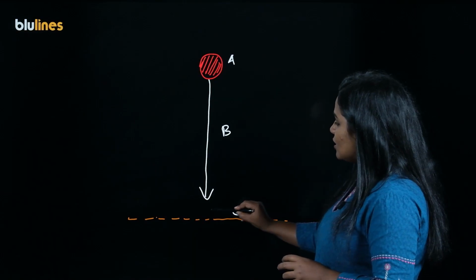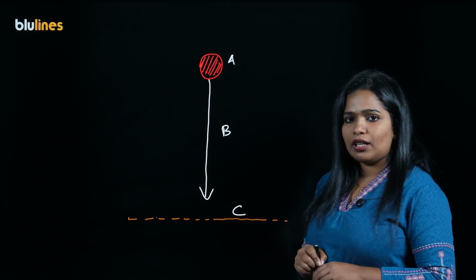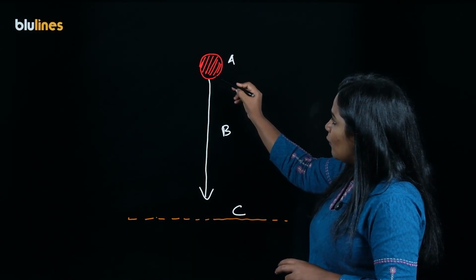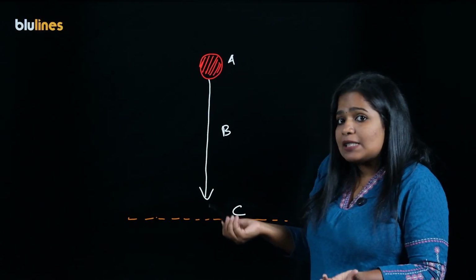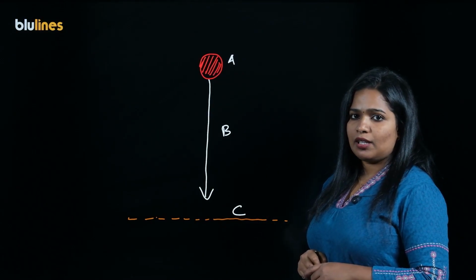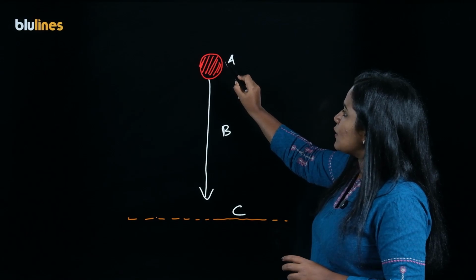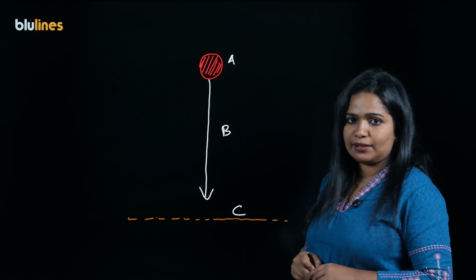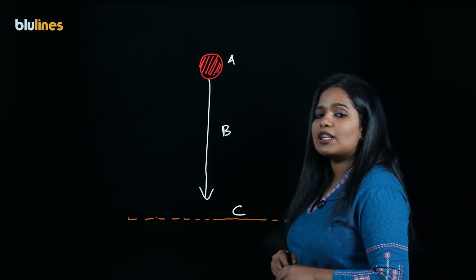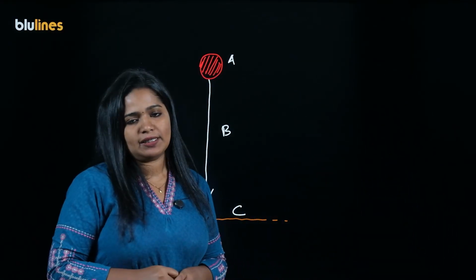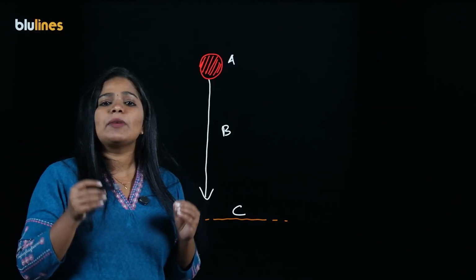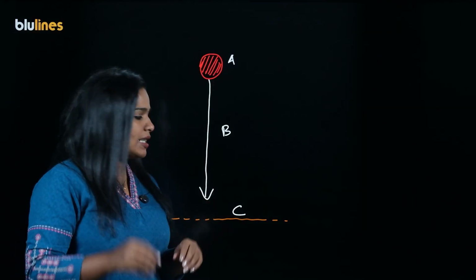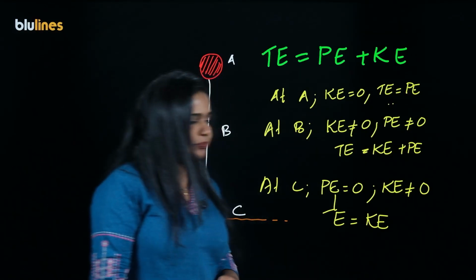But just before reaching the ground, this ball will attain its maximum velocity. Here, since there is no velocity, the only energy is the potential energy. At A, the potential energy is equal to mgh. We know that the total mechanical energy is equal to potential energy plus kinetic energy.